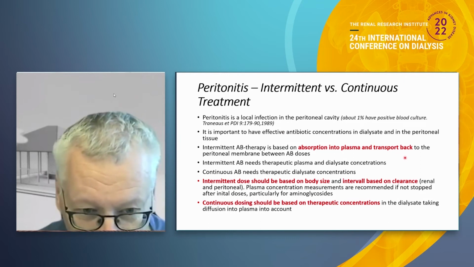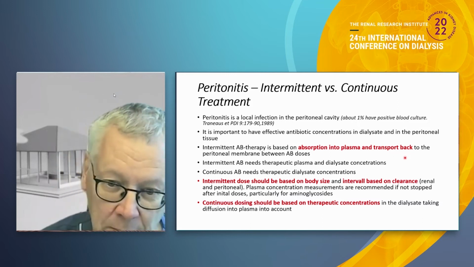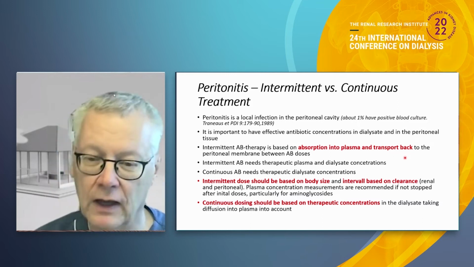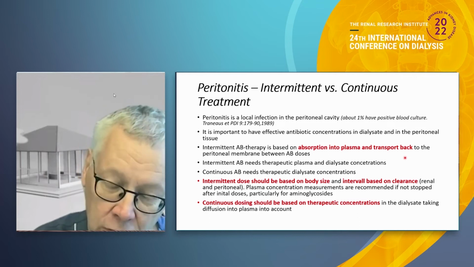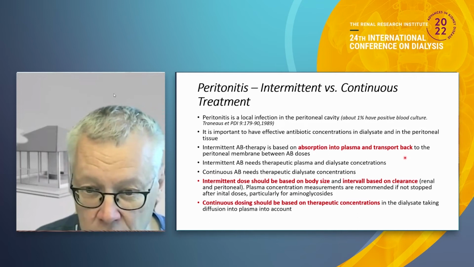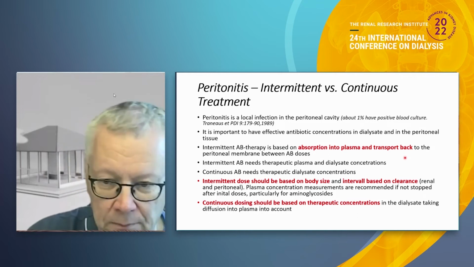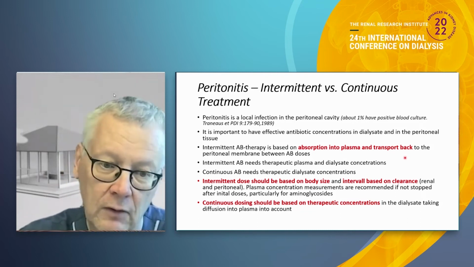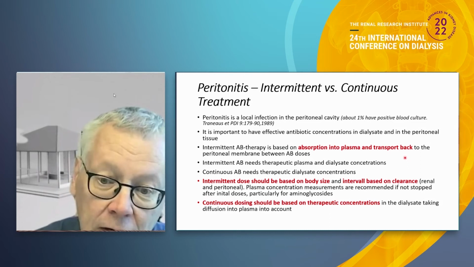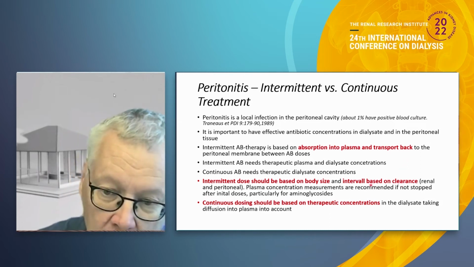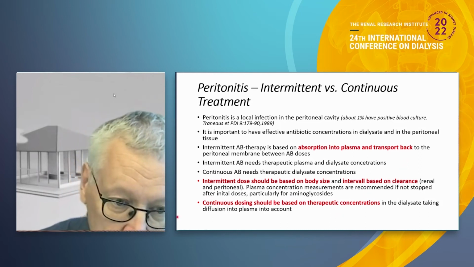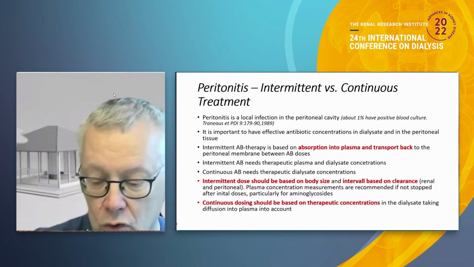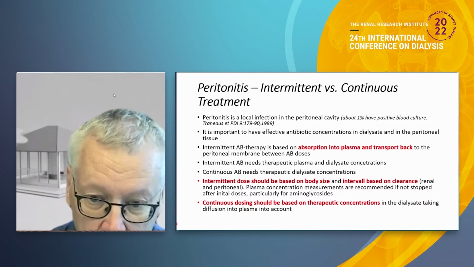You need to give a dose that loads up in the body based on the body size, and then it's removed in the dialysate in significant amounts. You then need to base the dosing interval on clearance, that's the peritoneal clearance, but also the residual renal function. So it's very logical that you should give it more frequently if you have a good residual renal function, or you should give a higher loading dose.